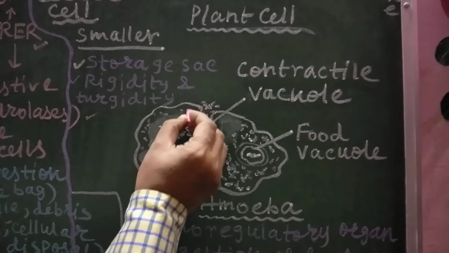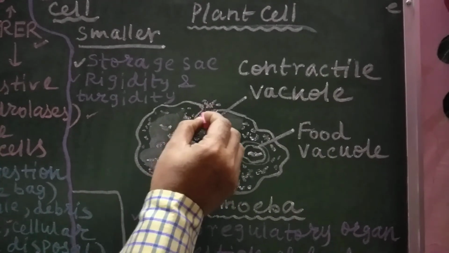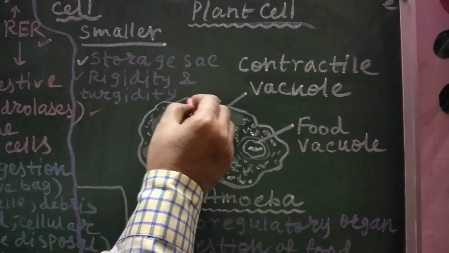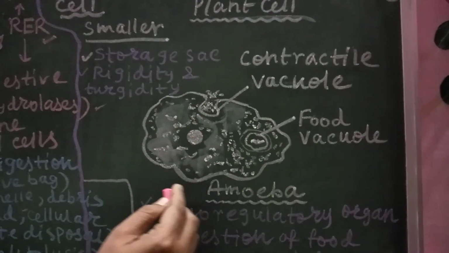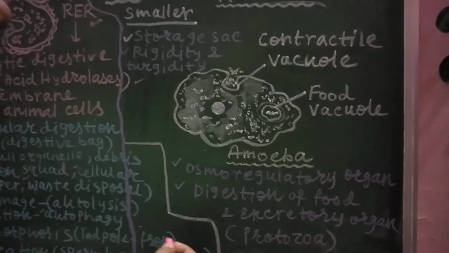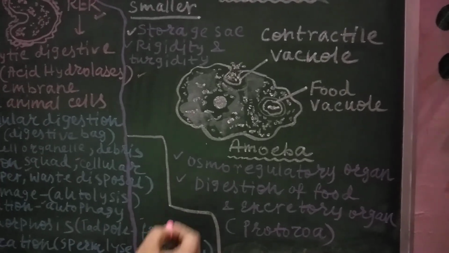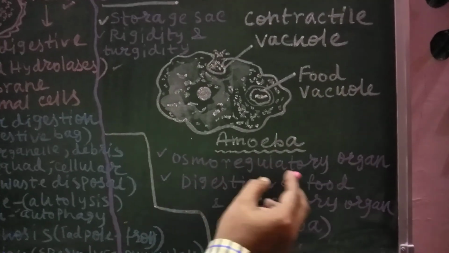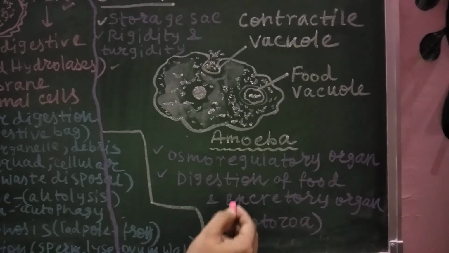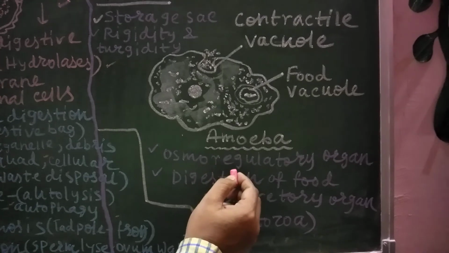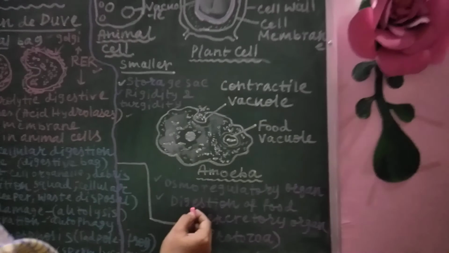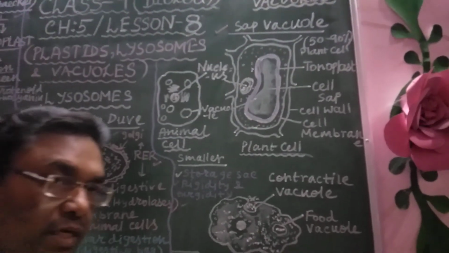Here you can see the contractile vacuoles where the waste materials are collected, and after that they pinch off and remove the excretory material outside. In this way, these two vacuoles help the unicellular organisms. They also help in the osmoregulatory process, digestion of food and excretory process in unicellular organisms. Here we come to the end of the discussion about plastids, lysosomes and vacuoles.